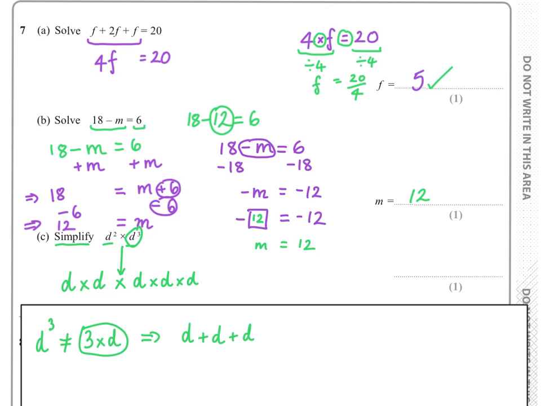So be very careful. D cubed means d multiplied by d multiplied by d again. So how many times have we multiplied d by itself? That's called the power of d, and in this case I hope you can appreciate that the power this time is 5. It will be d to the power of 5.